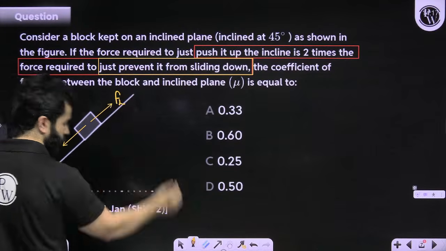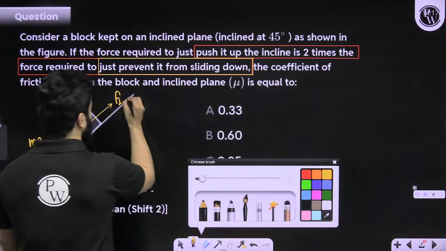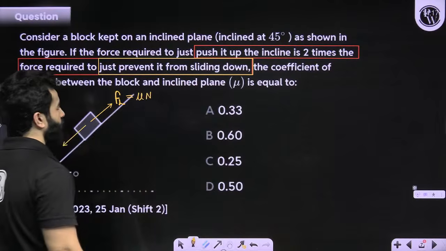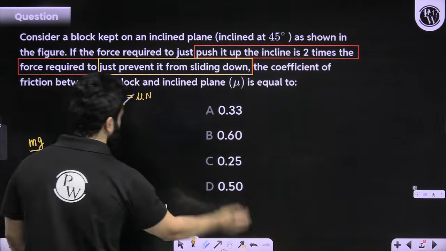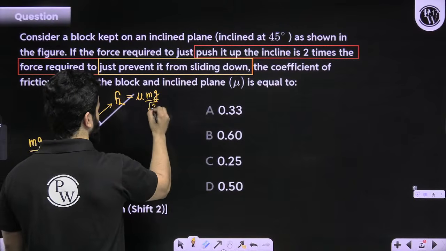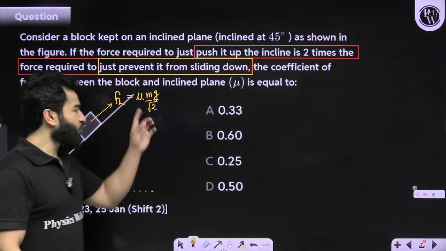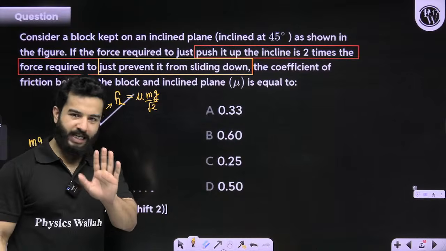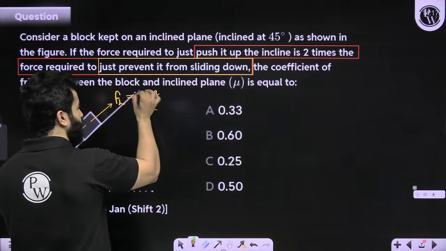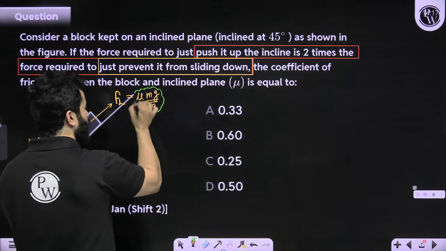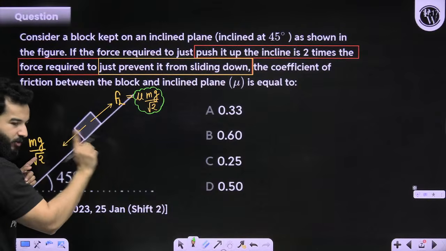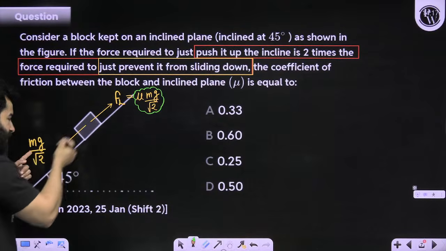So friction force is mu n, and n is, by the way, mg by root 2. Now kindly see, mu is always going to be less than 1. Clear? That means, friends, this value will always be less than this value. Why? Because mu is less than 1. Got it? So this force is less than this force.